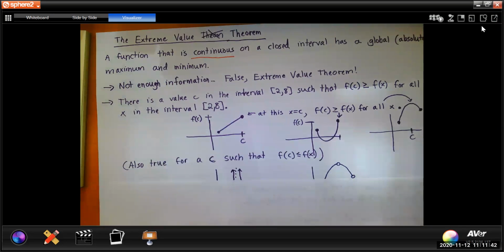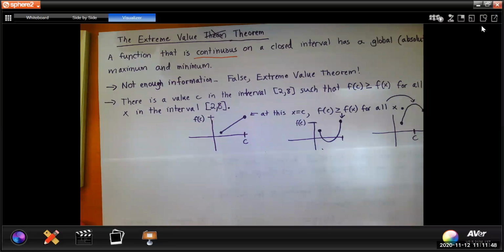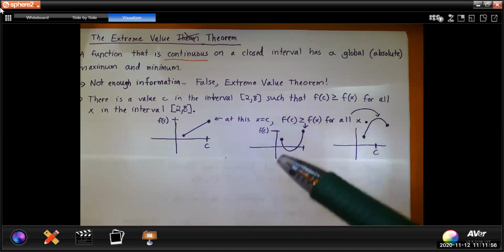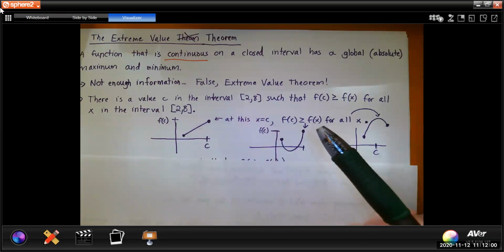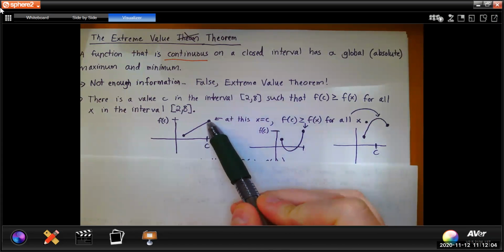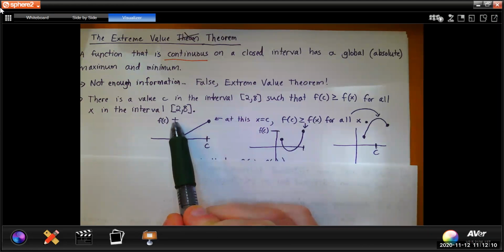Okay, and what I've done is drawn you some pictures that may help you. So we've got a continuous function, it's a line, and at this value right here, because it's an increasing function, at this c value, f of c is this y value.